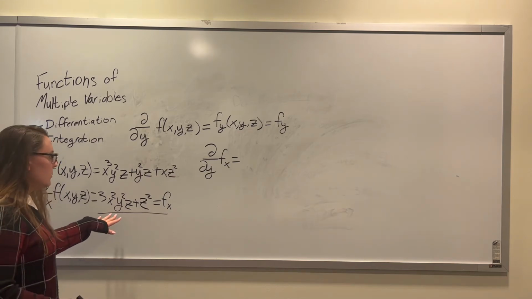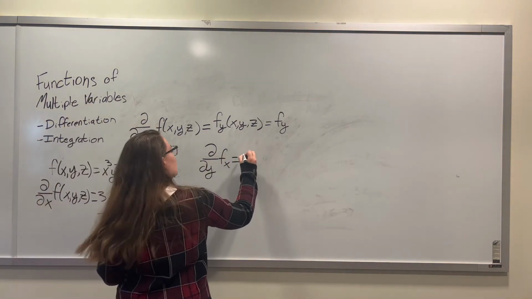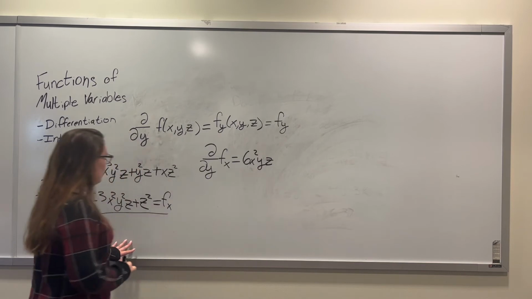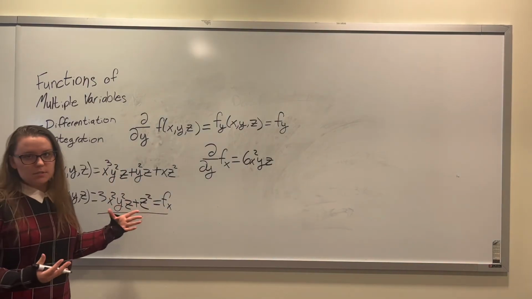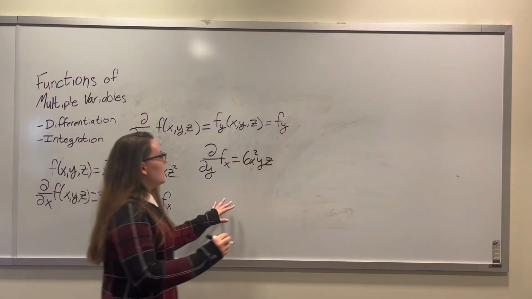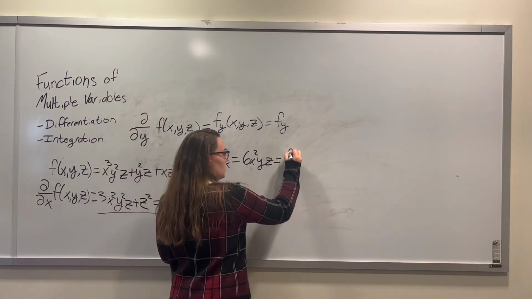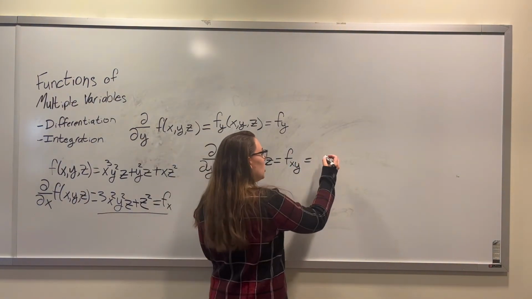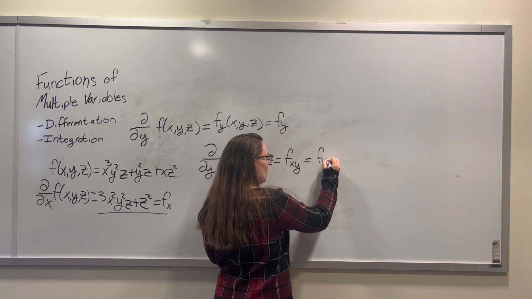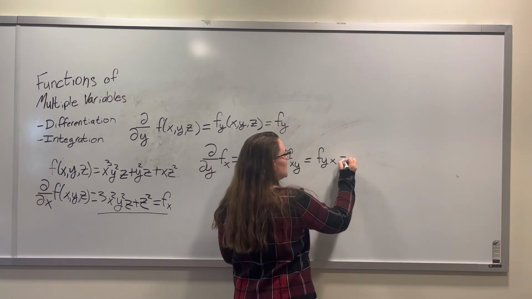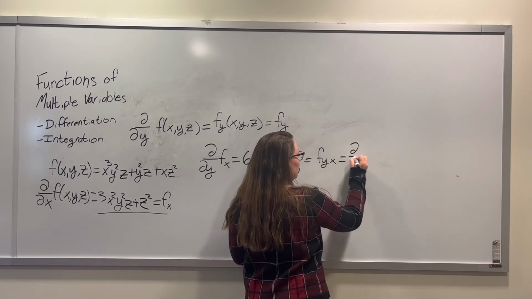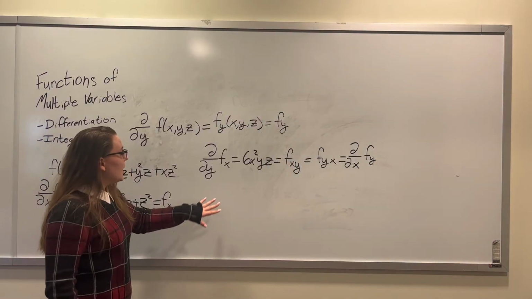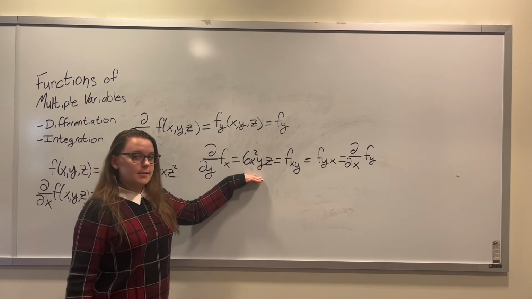So when we differentiate with respect to y, we get 6x squared y z plus 0, because this has no y, and so z is a constant by itself, which is then 0. And then this is denoted as f sub x y. And then if we went through and did the work, we would find that it's equal to f sub yx, or in other words, taking the partial derivative with respect to x of the partial derivative with respect to y. So you could take either partial derivative first and it'd be equal to the same function at the end.